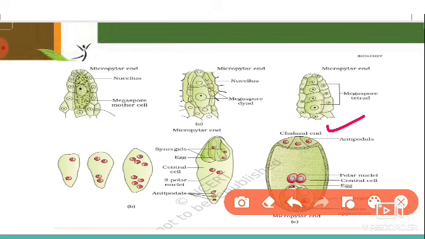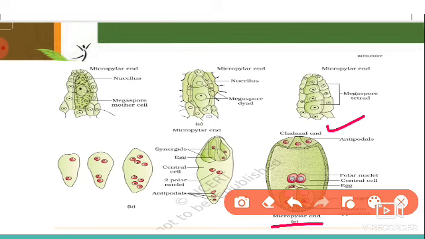Here there is a chalazal end, here there is a micropylar end. Totally 8 nuclei are formed here, and immediately the cell wall starts developing. First, there is the presence of 8 nuclei.